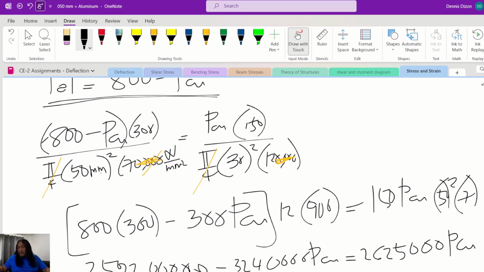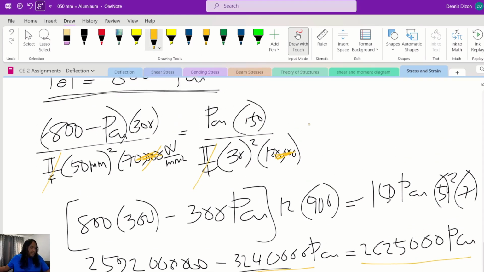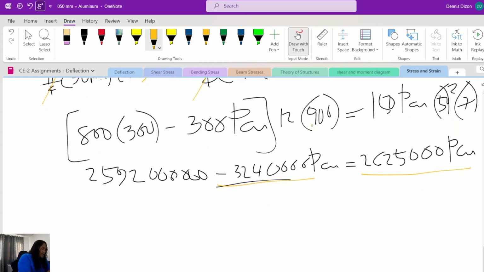Now we will combine the terms. So this is minus 3,240,000 PCU, and this one is 2,625,000 PCU.